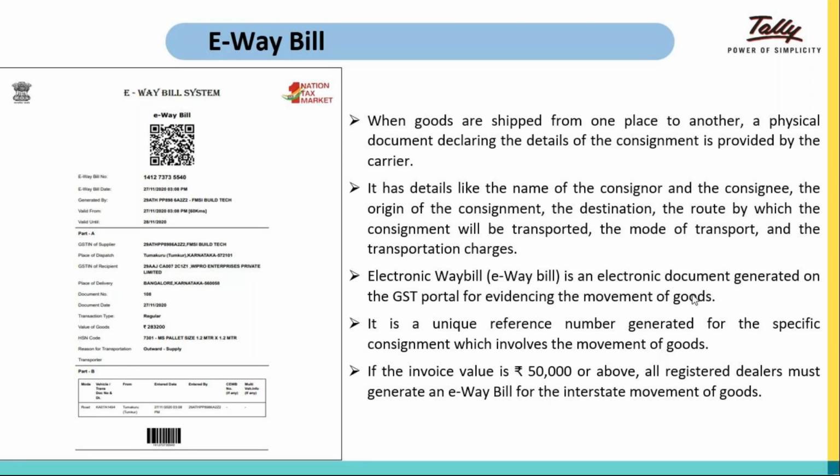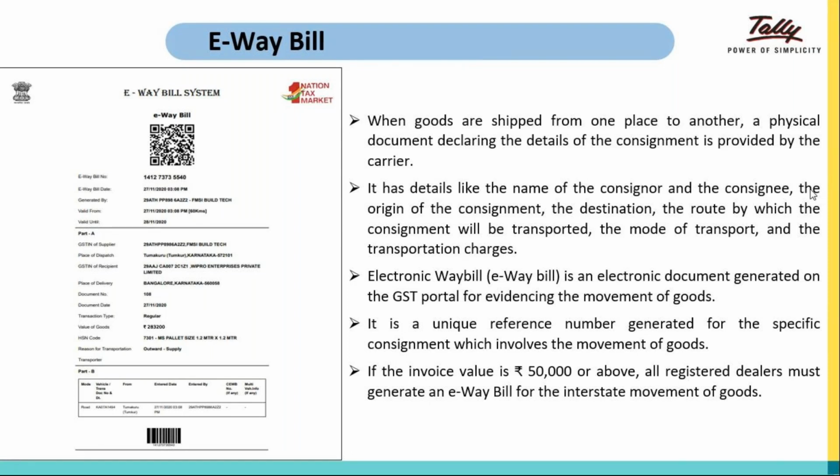Try to understand the difference between interstate and intrastate. If it is interstate, where the place of supply is in one state and the place of delivery is in a different state, happening between two different states, the invoice value threshold limit is 50,000 rupees. If it is 50,000 and above, you have to generate your e-way bill.